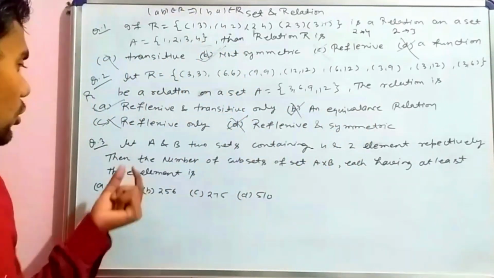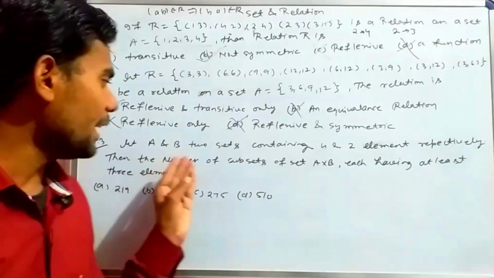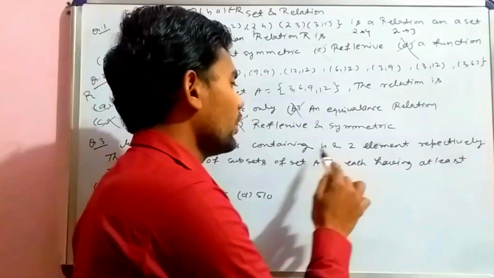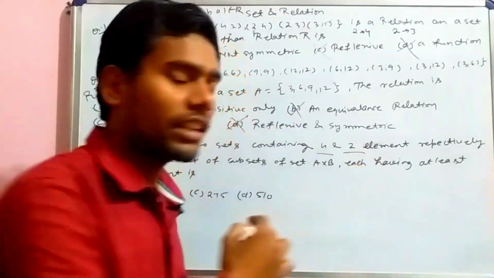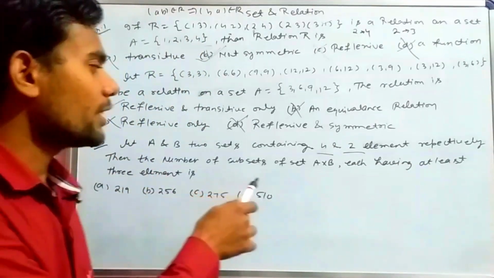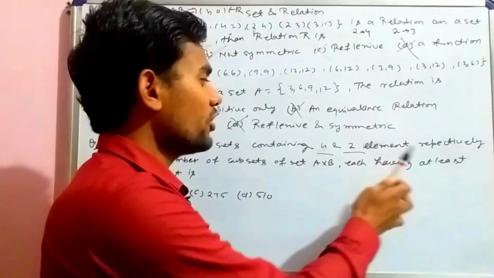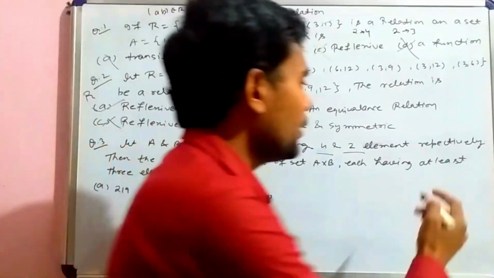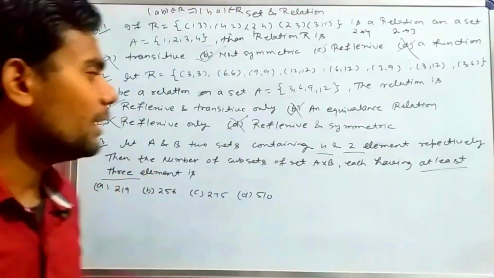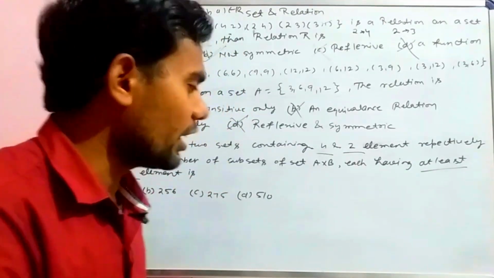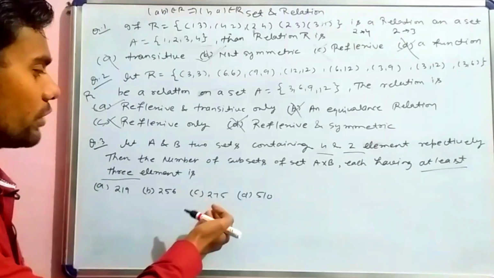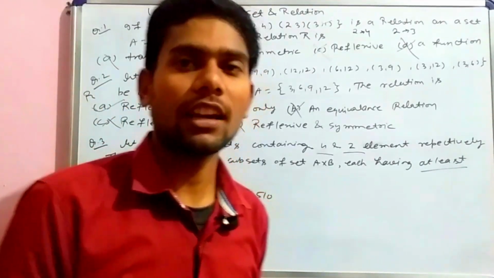Question number 3: if A and B are two sets containing 4 and 2 elements respectively, then the number of subsets of the set A cross B, each having at least, which is the main keyword, 3 elements, is: options 219, 256, 275, 510.